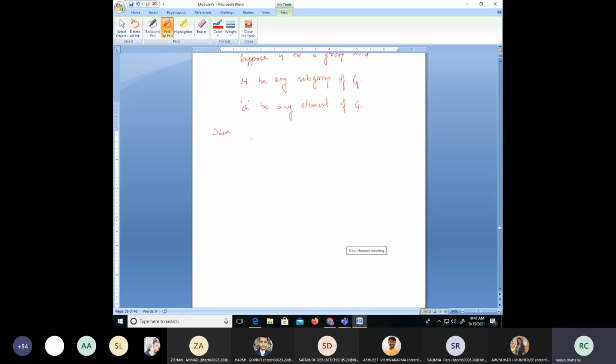This is simply notation: HA is equal to H into A. Although we are writing H into A, practically it is H asterisk A. So HA such that small h belongs to H. We consider this set, and this set is called the right coset.